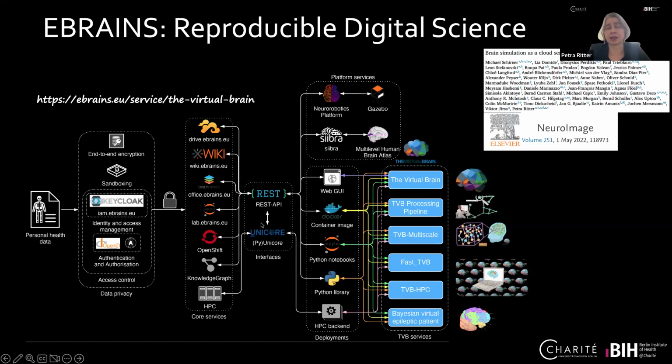Some core elements are supercomputing centers that provide high-performance computing and storage, but also a central knowledge graph, which provides an interface to query not only data, but also tools, software, and computational models, for example.